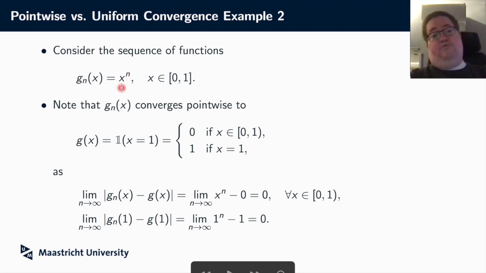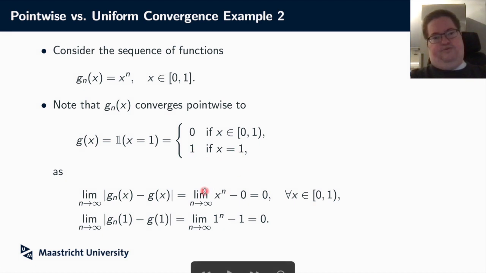On the other hand, 1 to the power n will remain 1. So for any x smaller than 1, so in the half open interval, including 0 but not including 1, the limit is 0. But if x is 1, the limit is 1. So we have a strange jump going from when we approach 1 to actually reach 1.